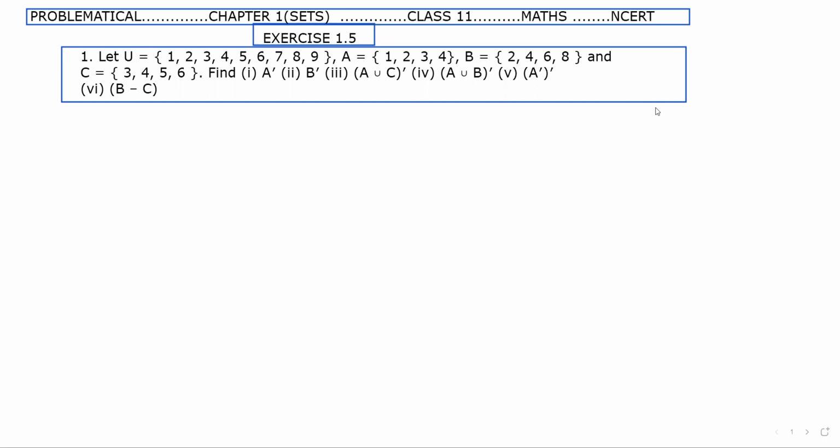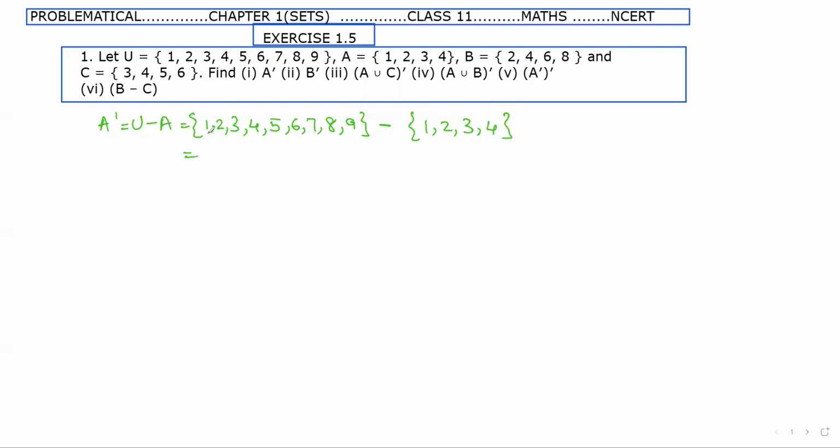First, A dash. A dash is A complement. Now we know that the complement of any set would be the universal set minus that particular set's values. So A complement will be equal to U minus A. The universal set contains 1, 2, 3, 4, 5, 6, 7, 8, 9, and A possesses 1, 2, 3, 4.